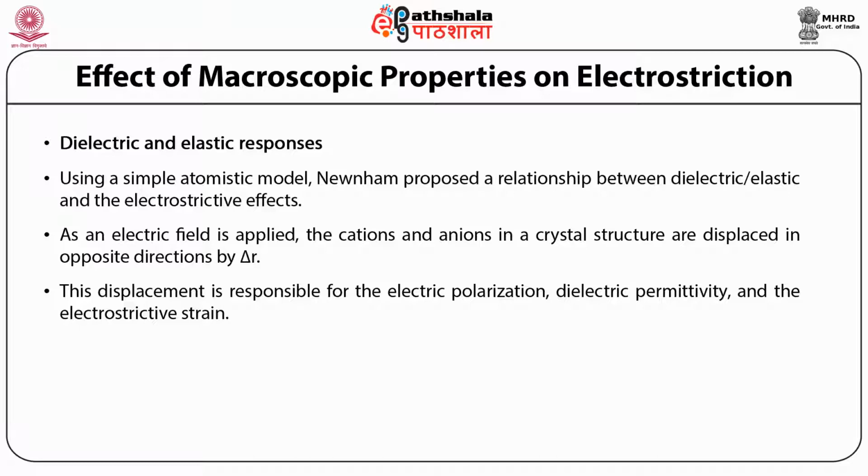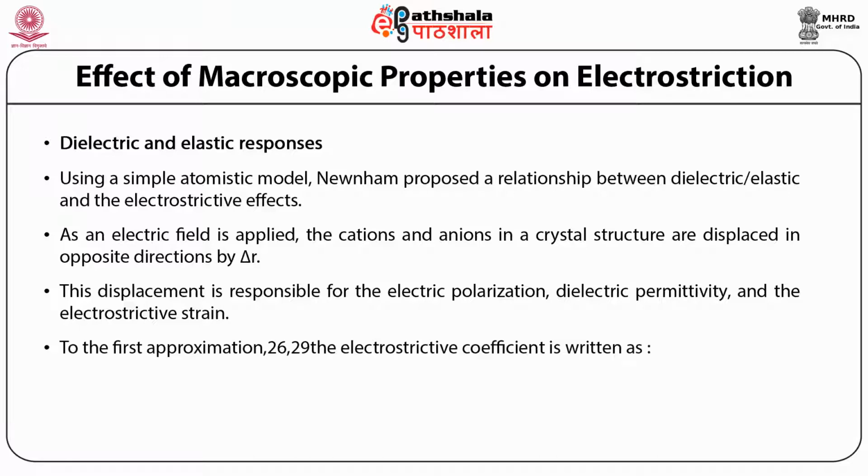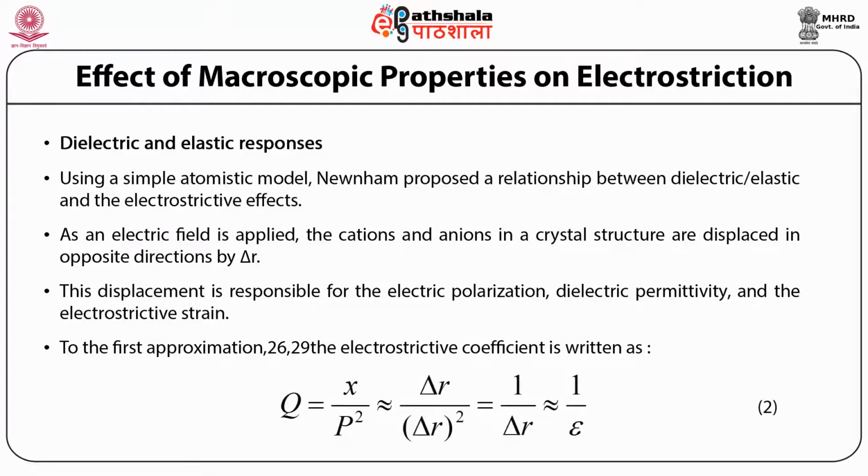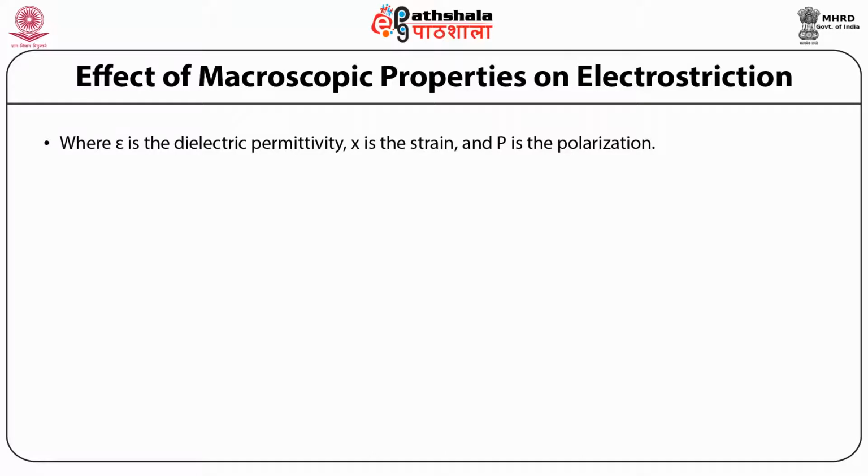And the electrostriction coefficient to this first approximation is written as Q equal to x by P square, approximately equal to delta R by delta R square, equal to 1 by delta R, approximately equal to 1 by epsilon, where epsilon is the dielectric permittivity, x is the strain, and P is the polarization.